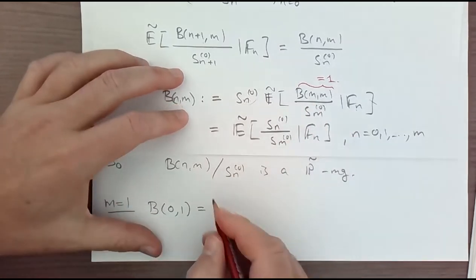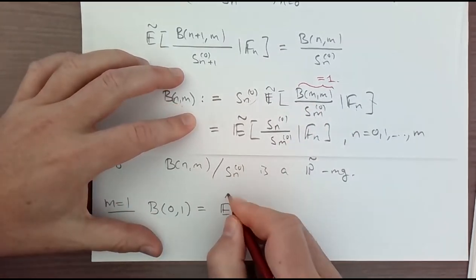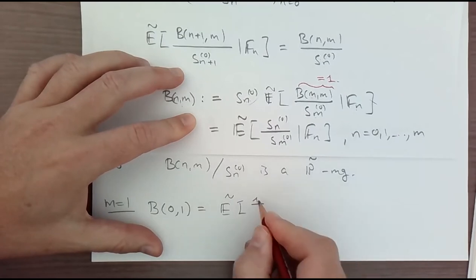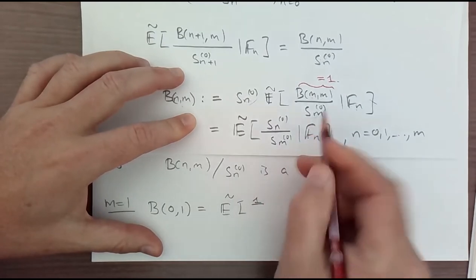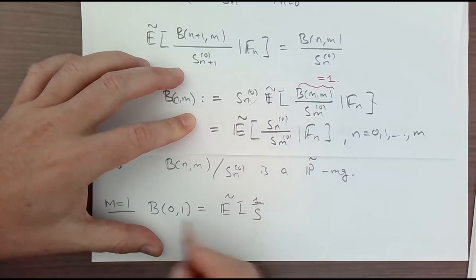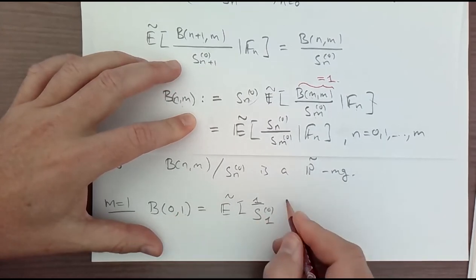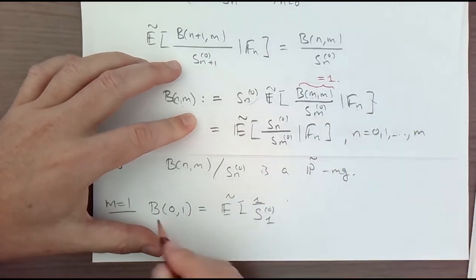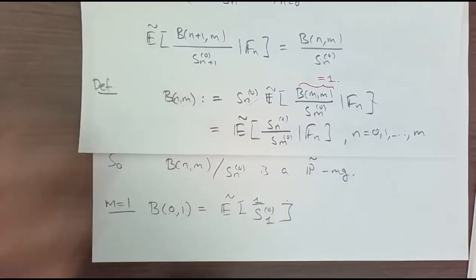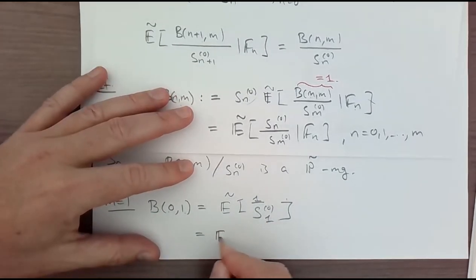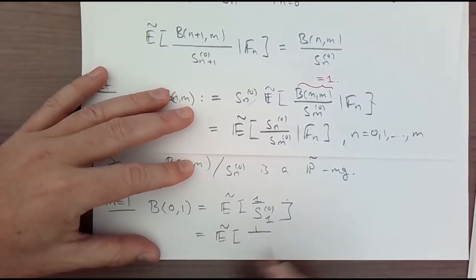So this is equal to the conditional expectation of 1 divided by S_1,0, and m here is equal to 1. Conditioning on time 0, that's just the expectation. What we have here is E tilde of 1 divided by 1 plus R0.